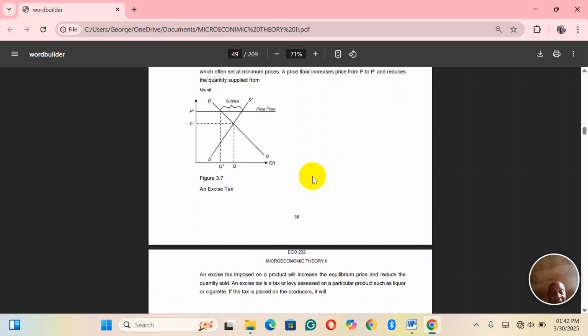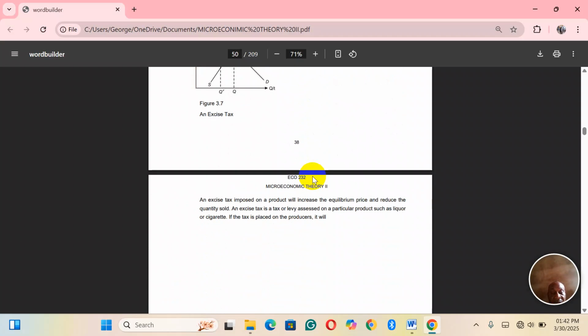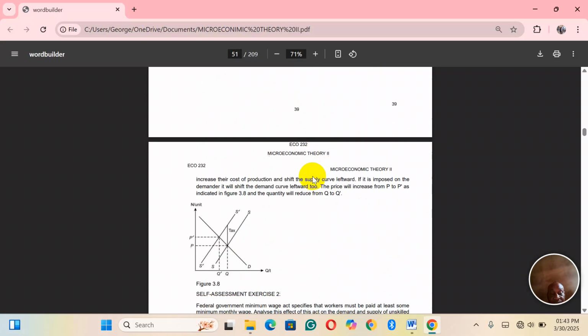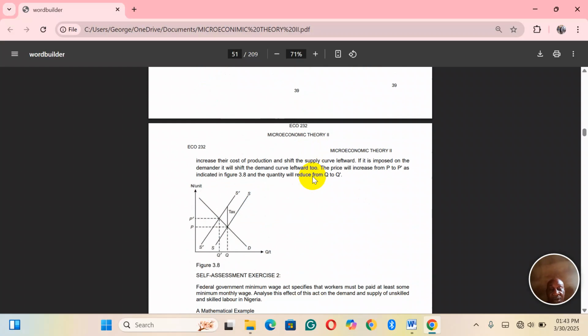So we say an excise tax imposed on a product will increase the equilibrium price and reduce the quantity sold. An excise tax is a tax or levy assessed on a particular product, such as liquor or cigarettes. If the tax is placed on the producer, it will increase their cost of production and shift the supply curve upward.